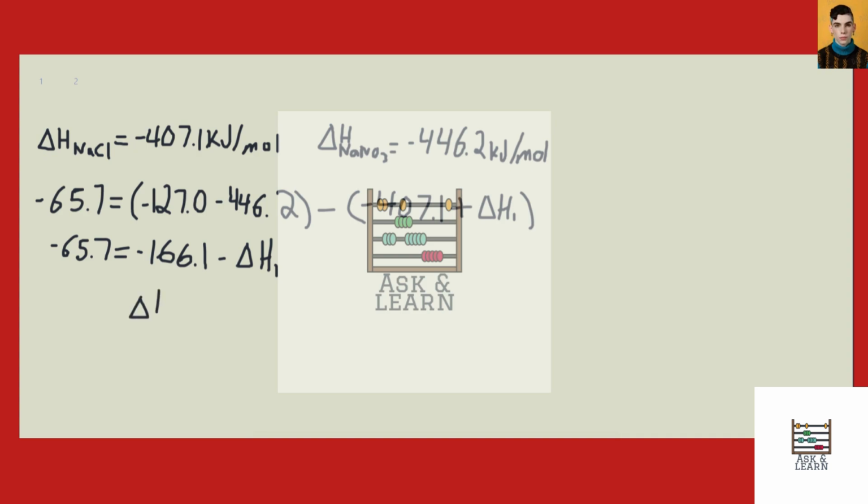So delta H of AgNO3 is going to be negative 100.4 kilojoules per mole. That's going to be the delta H information for our AgNO3.